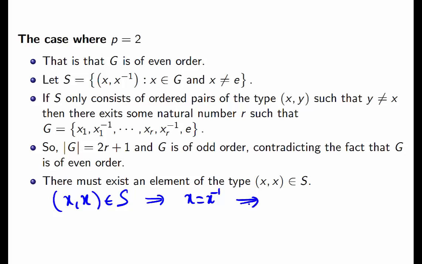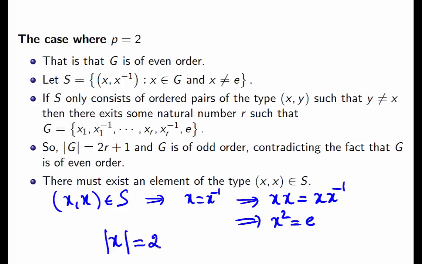And then if you multiply this equation on the left by x, you get x squared is e. So this tells you that x is a non-trivial, non-identity element, and its order is 2. And this confirms Cauchy's theorem for all groups which have even order.